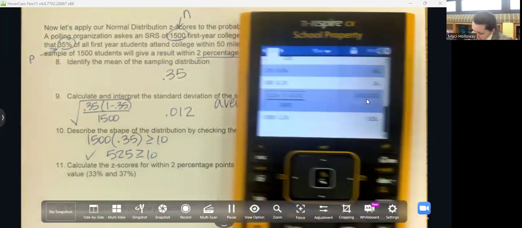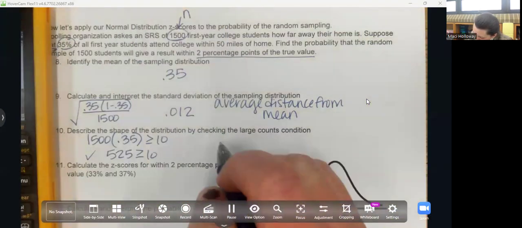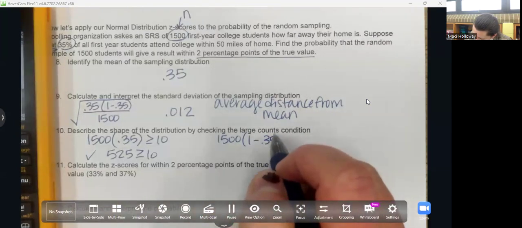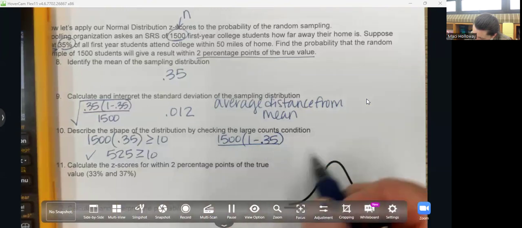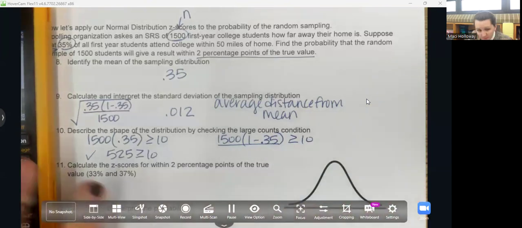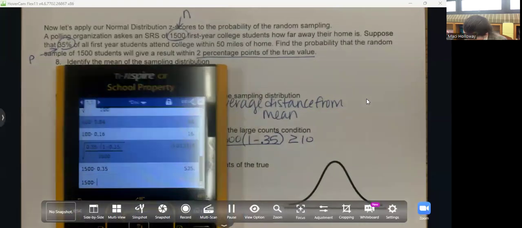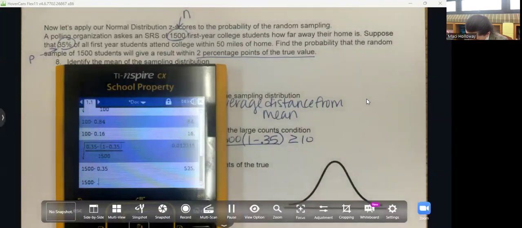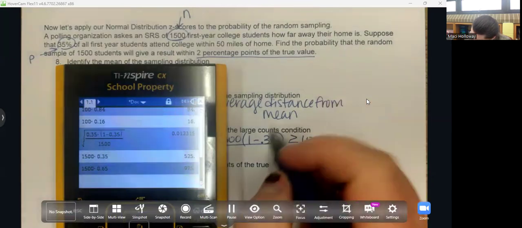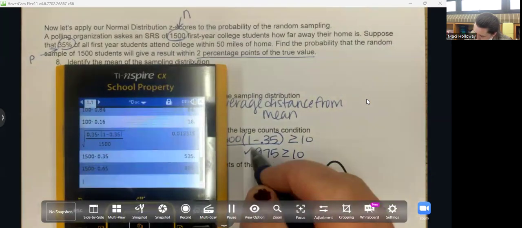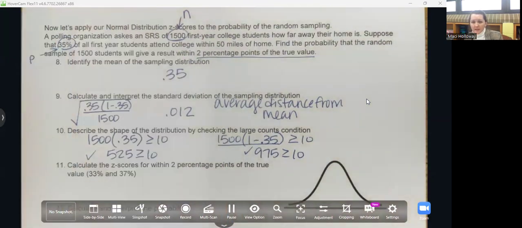So that checks out, that's our condition there. And then 1,500 times 1 minus 0.35, or 0.65, has to be greater than or equal to 10. So we'll calculate that. It's 975. So both these conditions are met, meaning that the distribution is approximately normal, right?